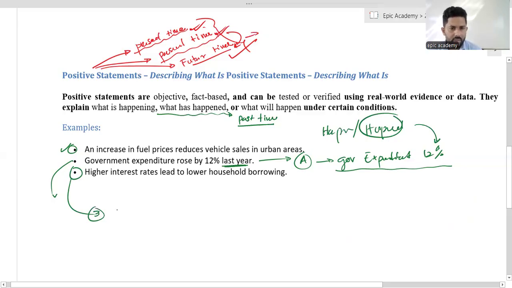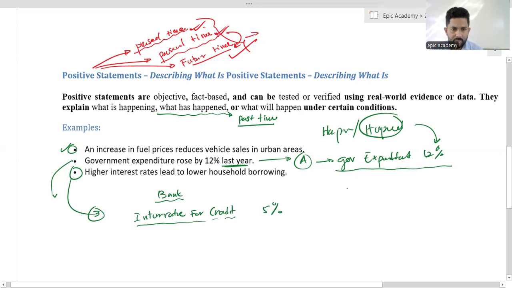On the other hand, the third one: higher interest rate leads to lower household borrowing. Yes. As an example, just consider the commercial banks create an interest rate for credit, something like 5%.